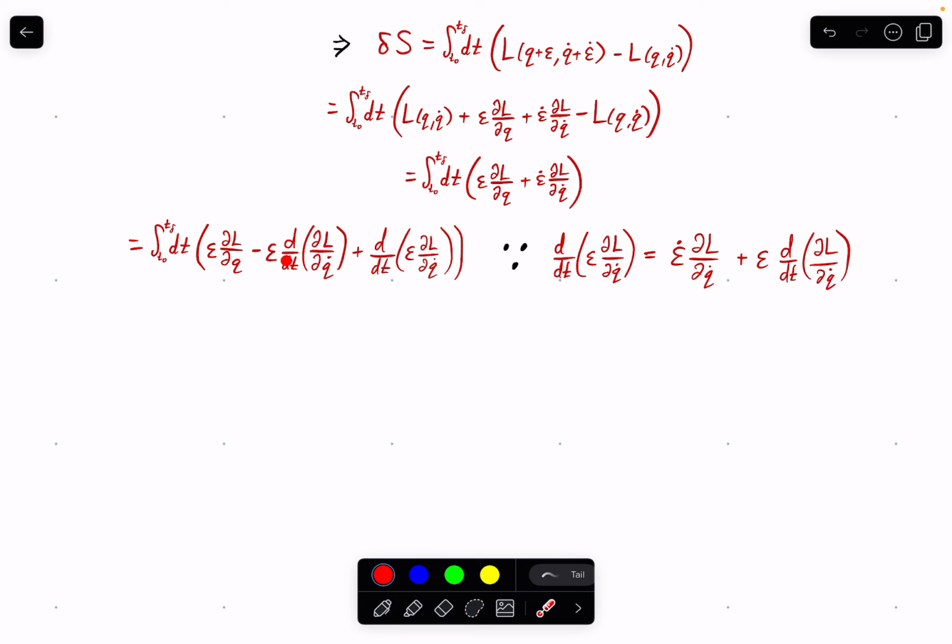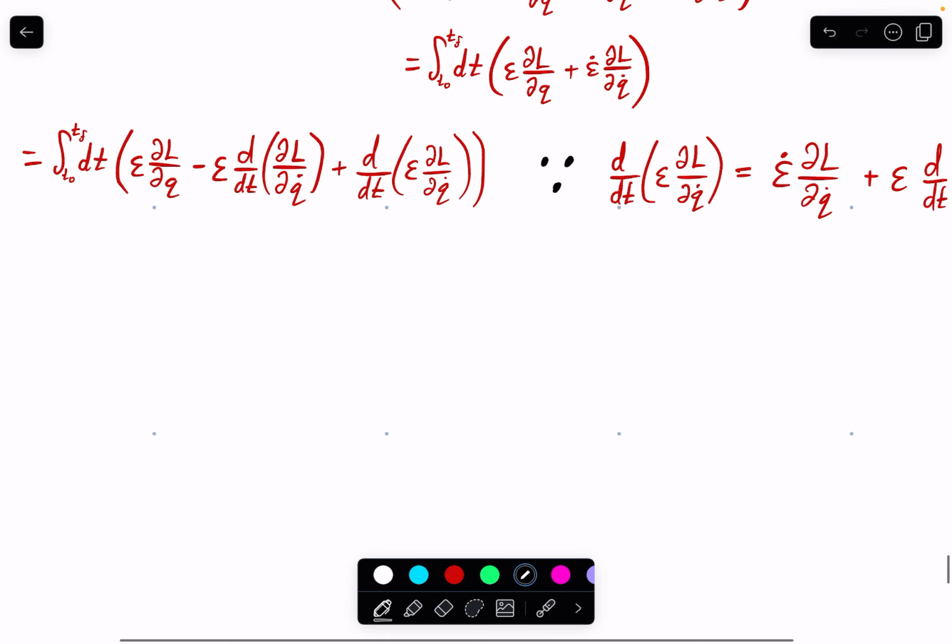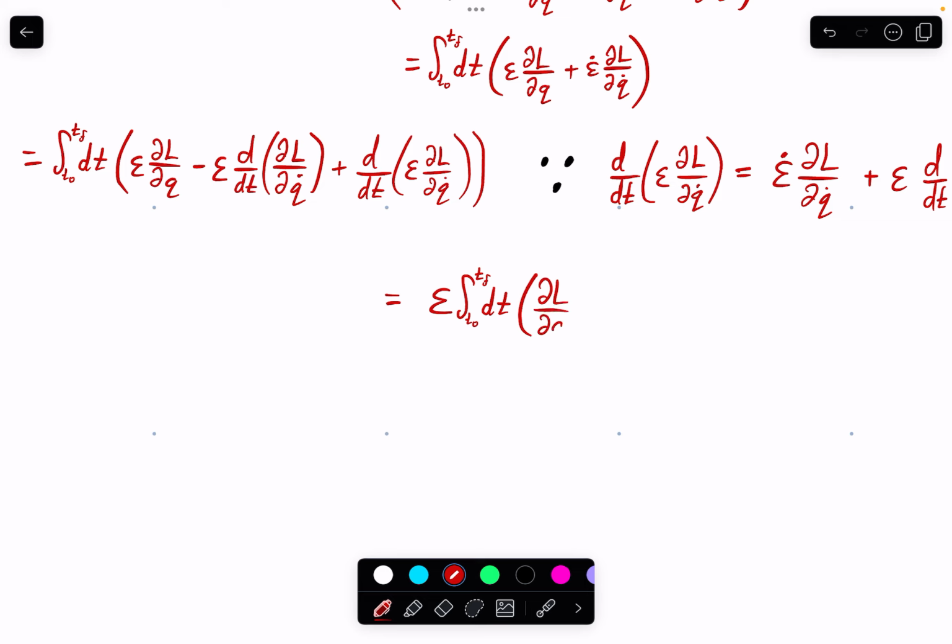Now we can pull out an epsilon and then expand this. And this becomes epsilon times this time integral of ∂L/∂q minus d/dt ∂L/∂q̇.